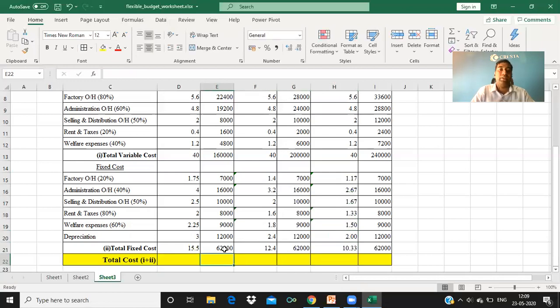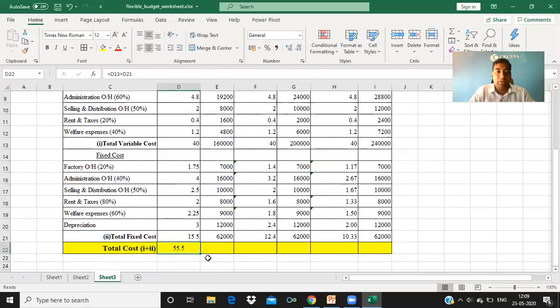So in the last step, we need to find the total of the variable cost and the fixed cost to arrive at the total cost of producing 4,000 units, 5,000 units, and 6,000 units. Accordingly, we got 55.5 and so on.